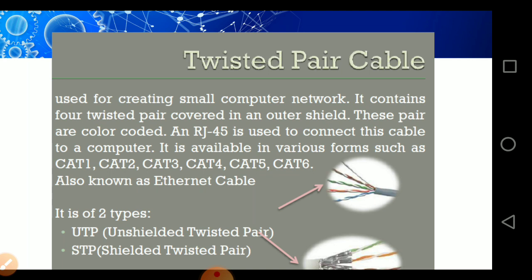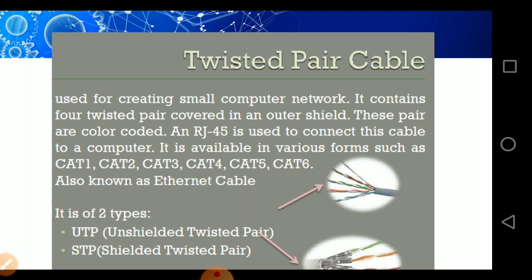It's known as RJ45. These wires are embedded in that connector, and then you press that jack into the port. It is available in various formats such as CAT1, CAT2, CAT3, CAT4, CAT5, CAT6, etc. It is also known as the Ethernet cable. Again, it is of two types, unshielded and shielded twisted pair.